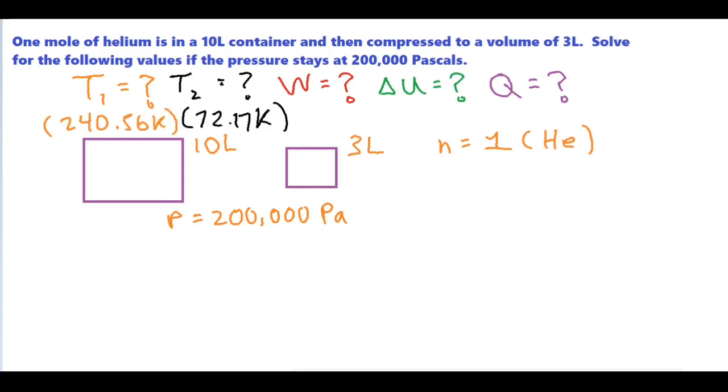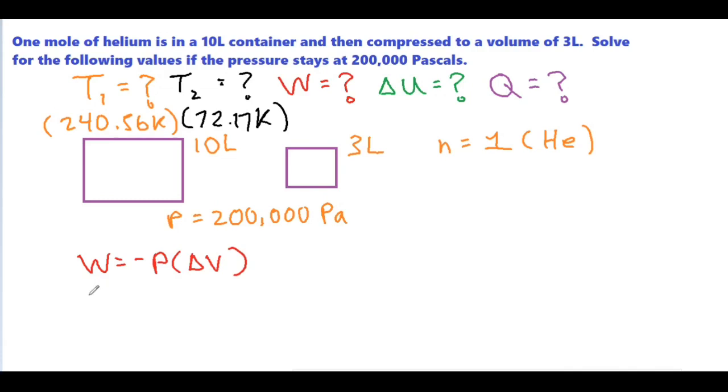Now we went ahead and recorded our 2 T values up top here so we can keep a record of what we got for some of our solutions. And we're going to solve for the amount of work done. If we're solving for the amount of work done, concentrating on the system, we're going to call it negative P times delta V. If you're focusing on the surroundings, you would drop the negative.